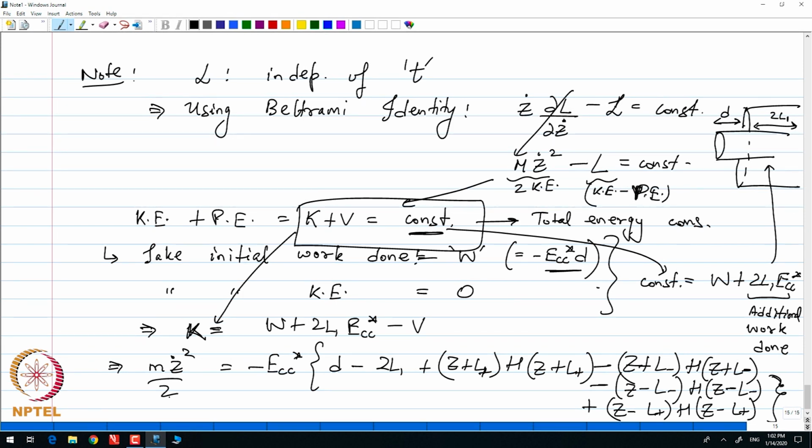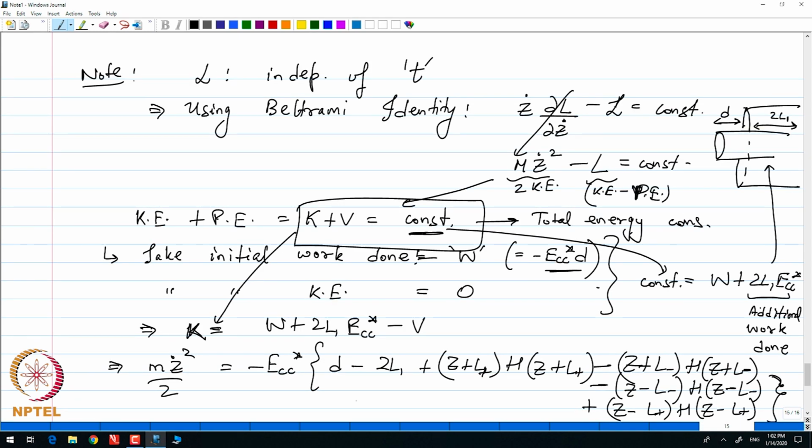Or from this whole giant relation, I see that my z dot is equal to... So, let me denote this giant expression by small k as a function of z.